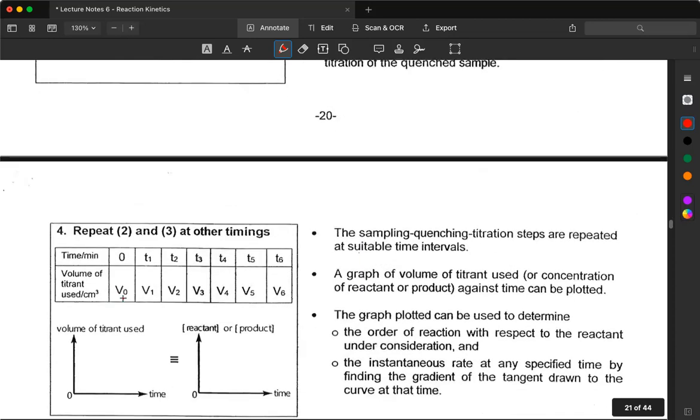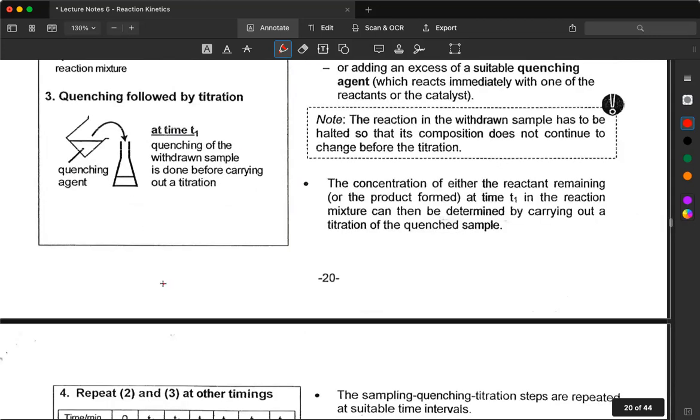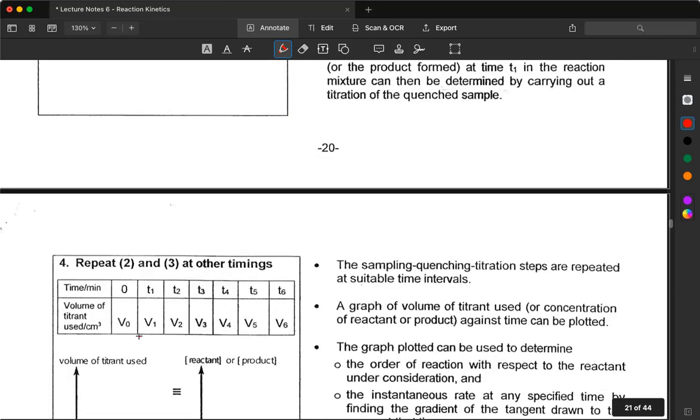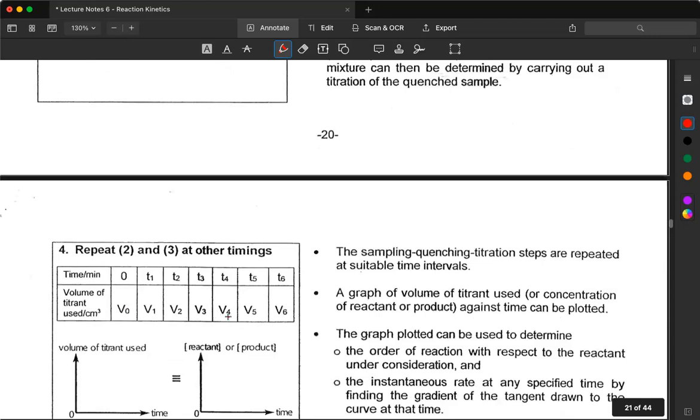Then you determine the volume of the titrant needed to react completely with it, meaning there's a color change, at different times. So you take different times, different volumes.